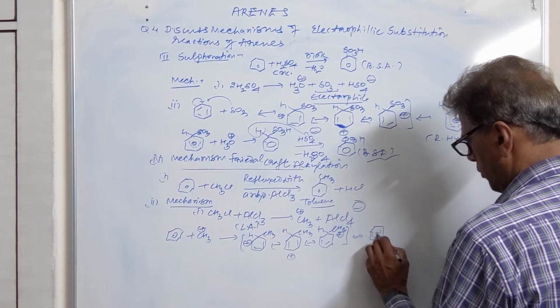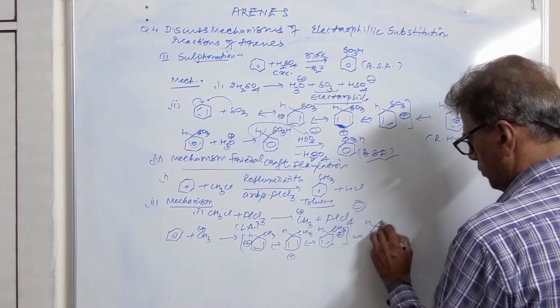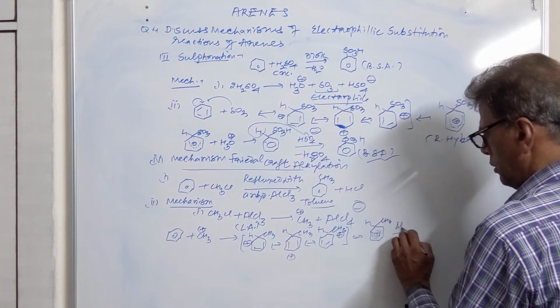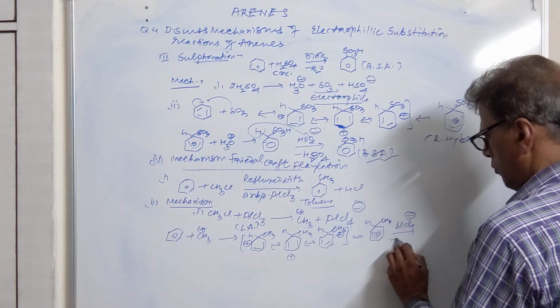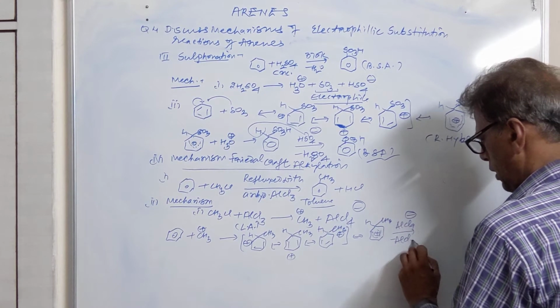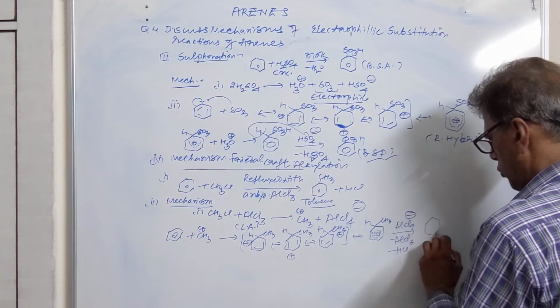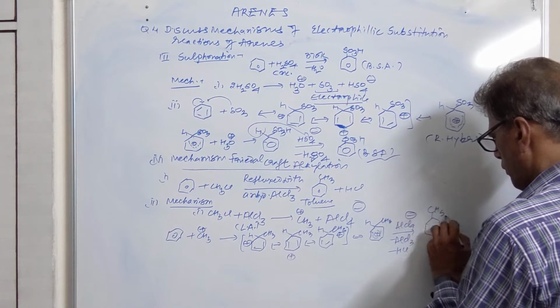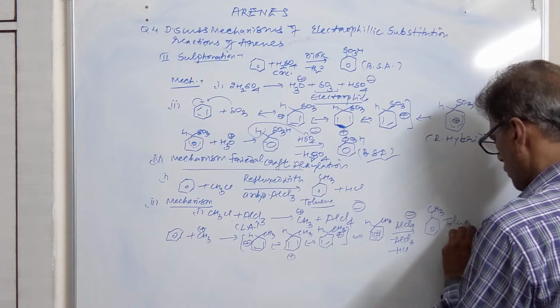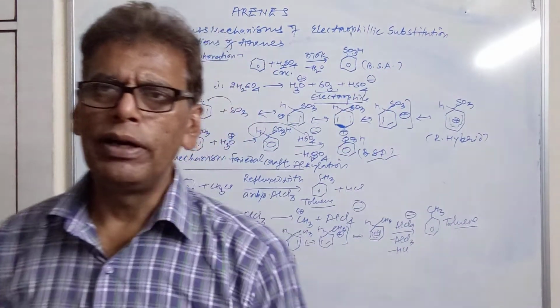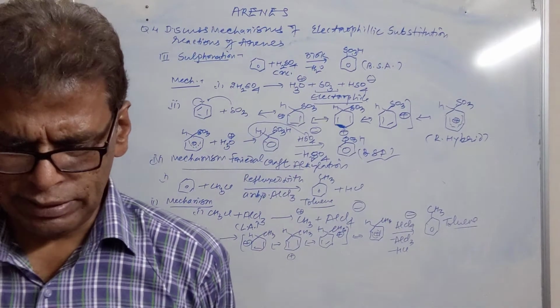Positive charge flows from ortho to ortho position, and in the end you will be getting AlCl4 negative, which will lose H as HCl, and we get toluene. So this is the mechanism of Friedel-Crafts alkylation reaction.